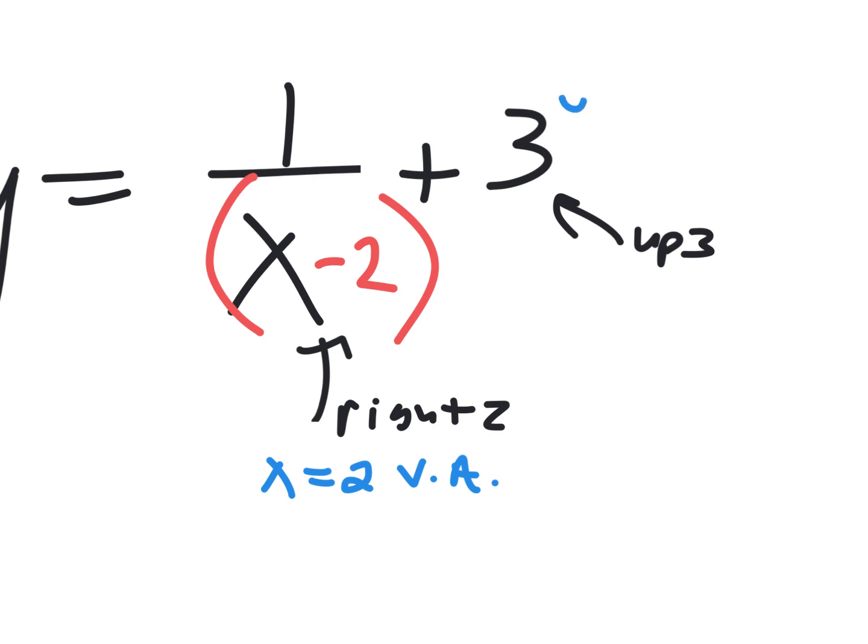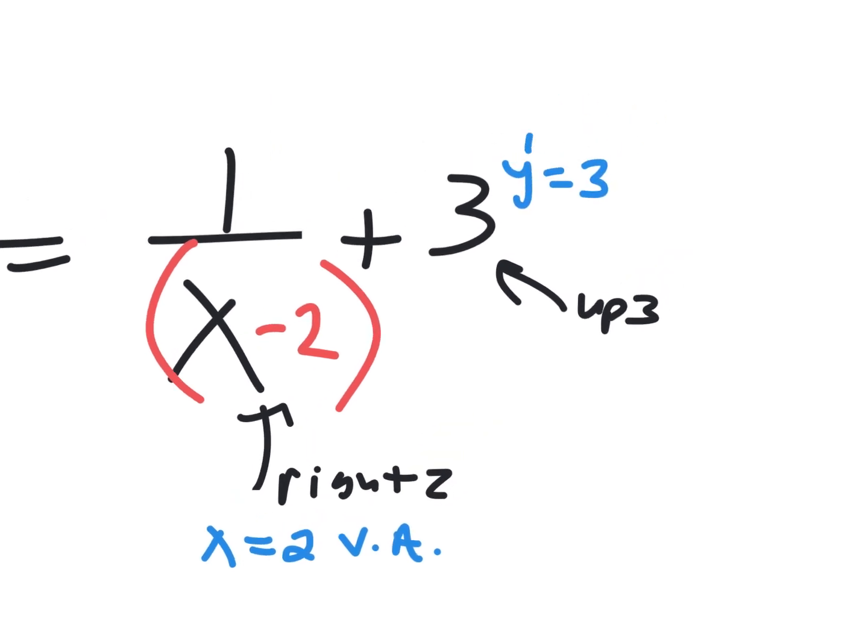This has a y equals 3 horizontal. Do you remember me saying horizontal? It's just a dumb way to say horizontal with a y in it so that you connect y with horizontal asymptote.